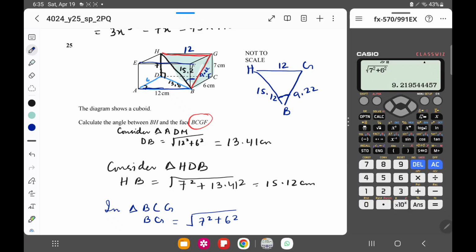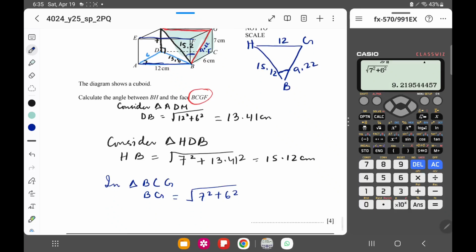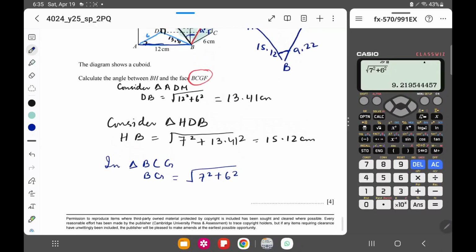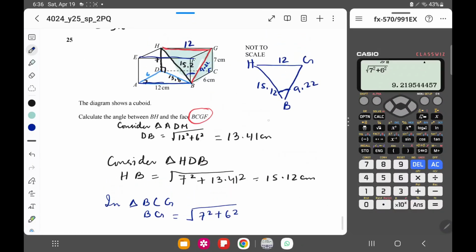Using the cosine rule to find this, theta, which is angle B, is equal to cos inverse. Now look in front, the small triangle I'm making: 12, 15.12 and 9.22, and the angle this much.